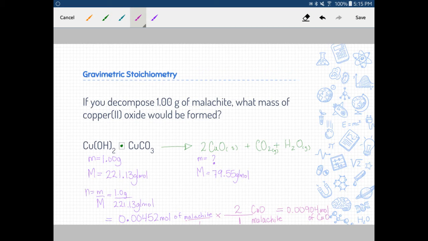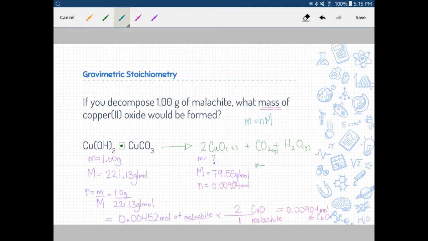Now, we're not quite done. Because we're looking for the mass of copper oxide, I need to convert this molar value, or my chemical amount, into a mass value. So I'm just going to jot this number down here, 0.00904 moles, and I'm going to solve for my mass. Once I rearrange my formula, my mass is equal to my moles times my molar mass.